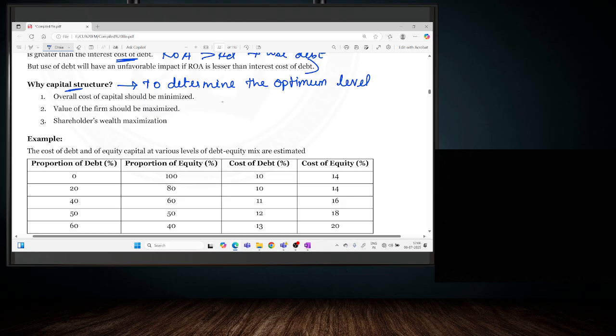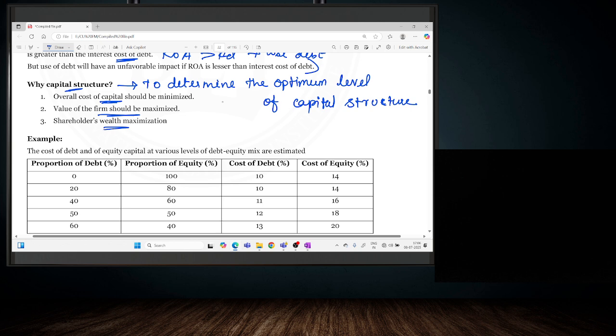Now what is an optimum capital structure? The optimum capital structure is the point where the overall cost of capital of the company is minimum. If the overall cost of capital of the company is minimum, the value of the firm will be maximum.